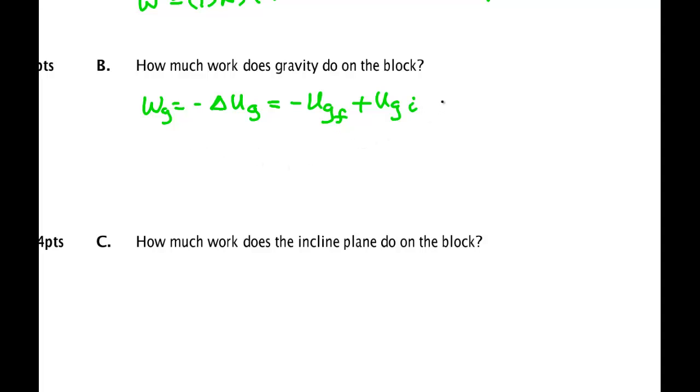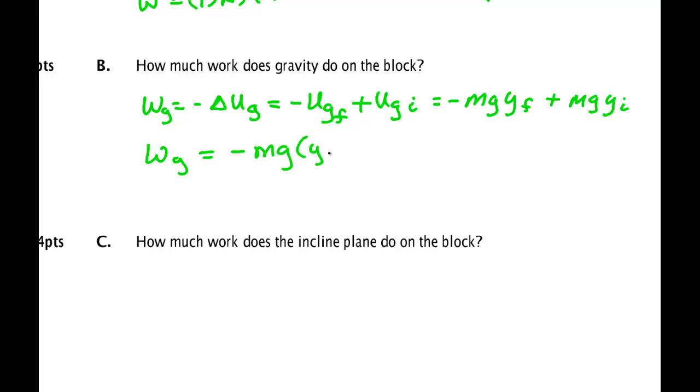Well, this is equal to minus mgy final plus mgy initial. So the work by gravity is equal to minus mg times y final minus y initial, minus mg delta y. So I need to figure out how far delta y is.